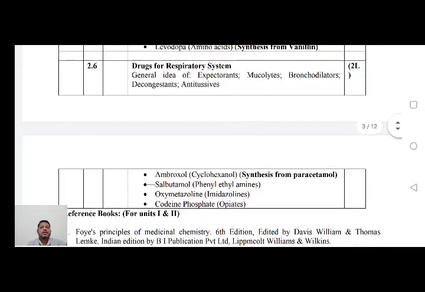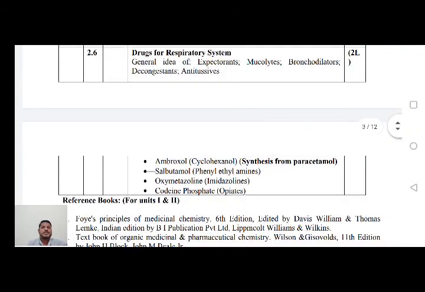Next, drugs for the respiratory system: a general idea about expectorants, mucolytics, bronchodilators, decongestants, antitussives, etc., and their examples, which drugs are used for the respiratory system, their synthesis and again their side effects.